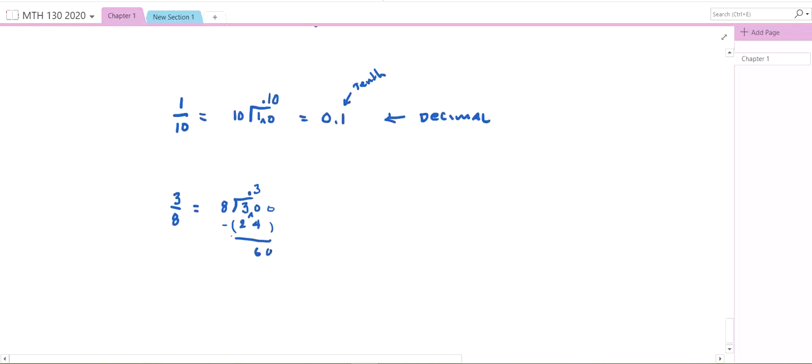So I have to bring down another 0 because 6 is smaller than 8. And we want 56 here. Subtract this. That's 7 times 8 is 56. So now we have 4 here. That means we have to bring down another 0. So 8 times 5 is 40. And that's how we do long division.